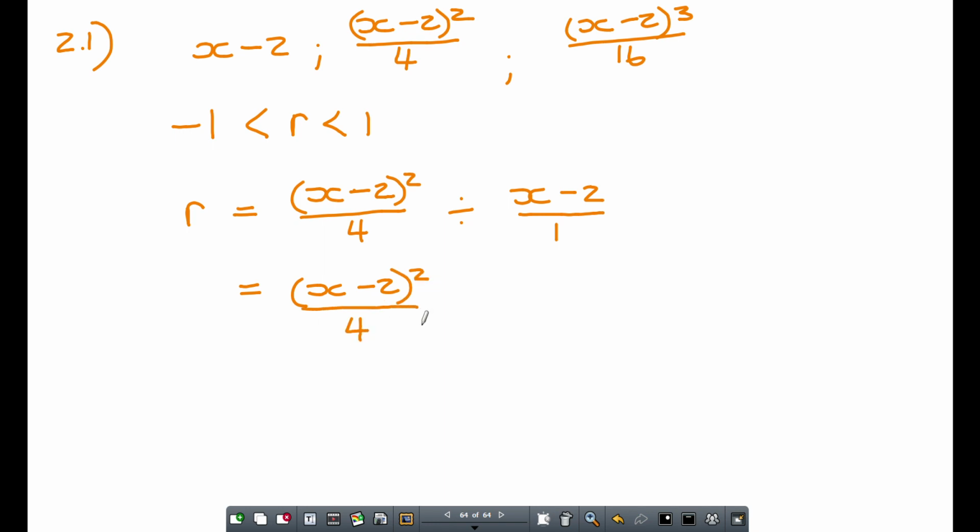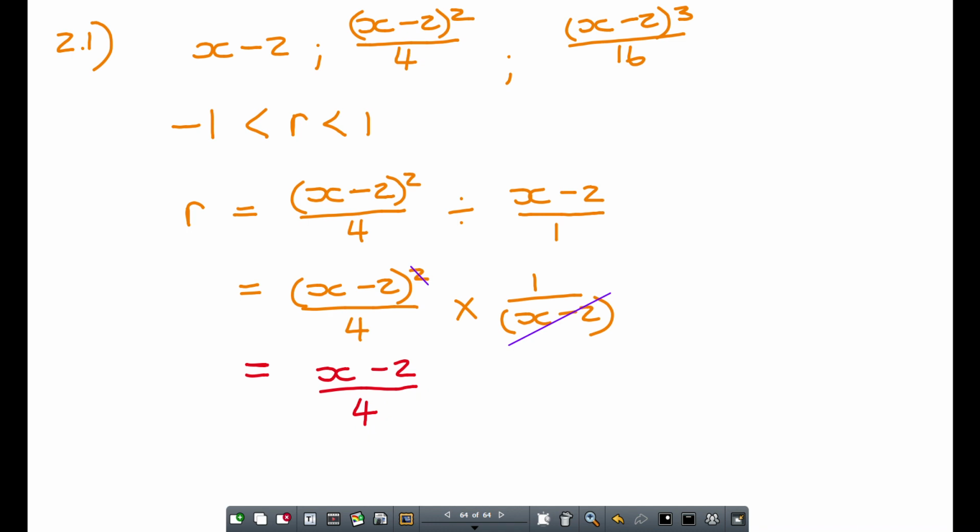Let's change the division to a multiplication, which means that this switches around. Then you'll see that one cancels out with one of those. So actually it is then x minus 2 over 4.